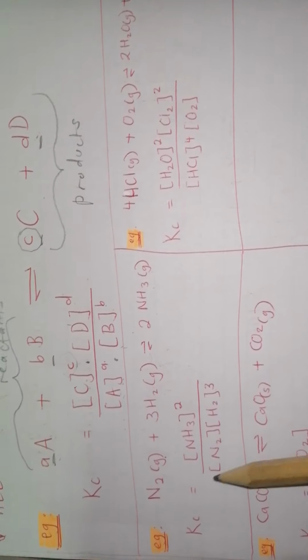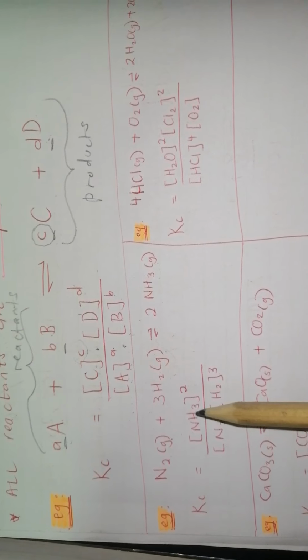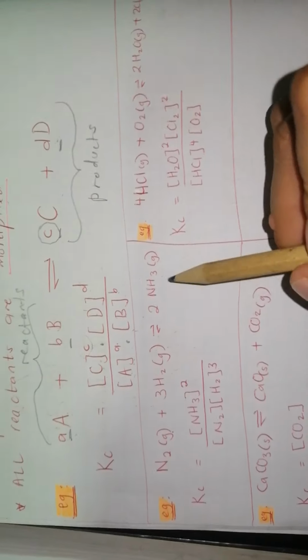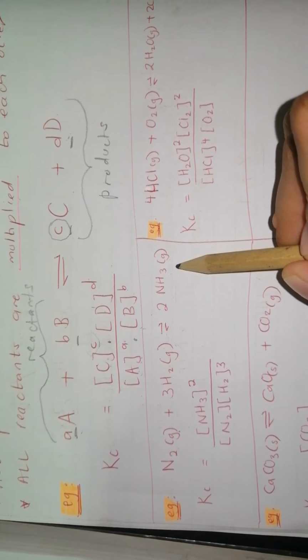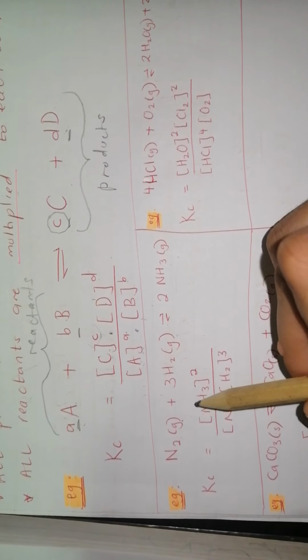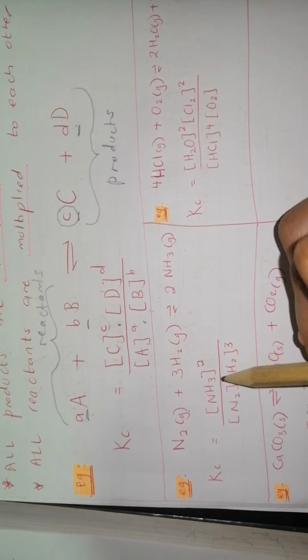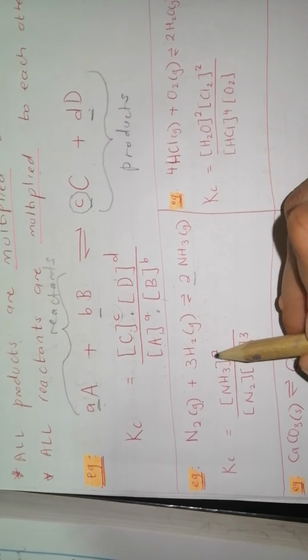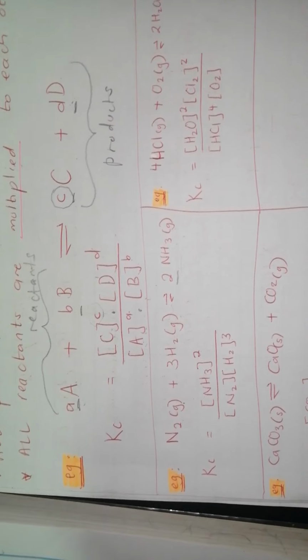Right, so if we're looking at this one here, Kc will be equal to the concentration of products over the concentration of reactants. In this case, we only have one product, which is NH3. So you write NH3 in square brackets, and because the coefficient of NH3 is 2, you square the NH3 concentration.